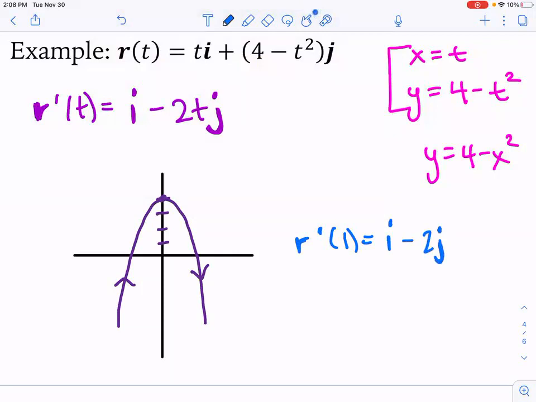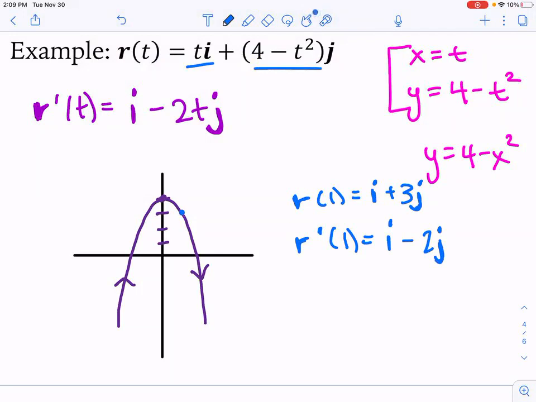Okay. Now, if t is equal to 1, what coordinate would we be at on our parabola? 1, 3. Okay, so that would be right here.